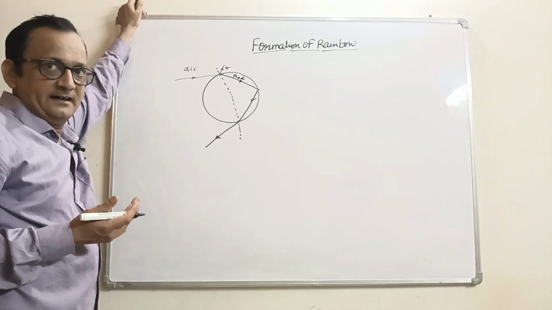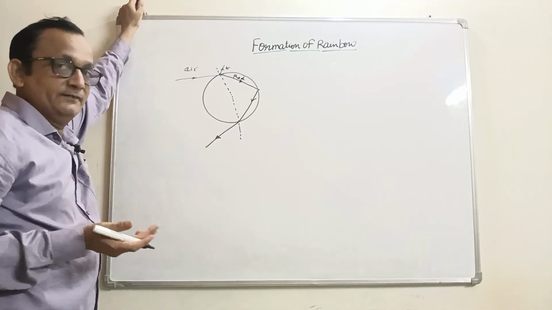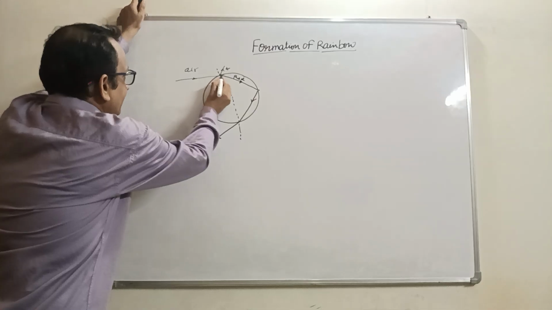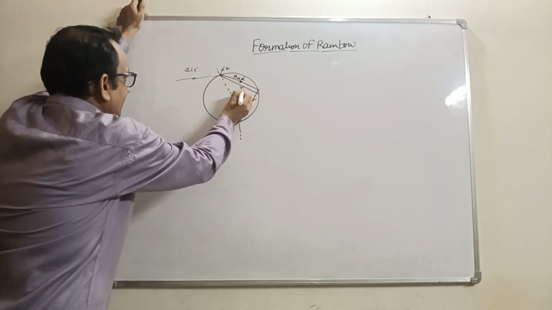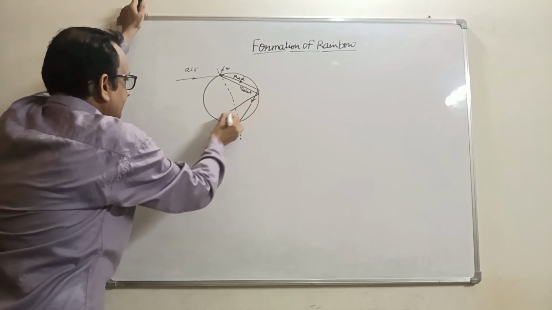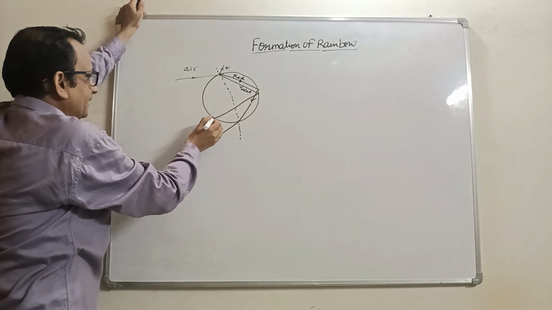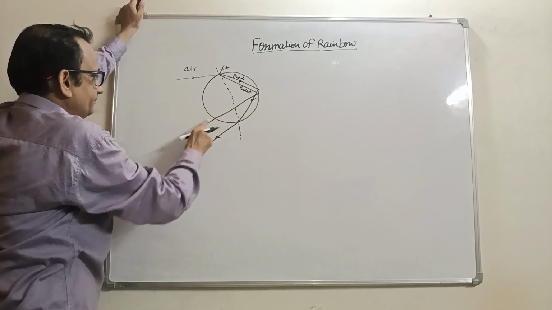So we can say for violet rays there is more deviation. This violet ray deviates more in comparison to the red ray. So this is the violet ray, and it is internally reflected here. After internal reflection, this would be like that.